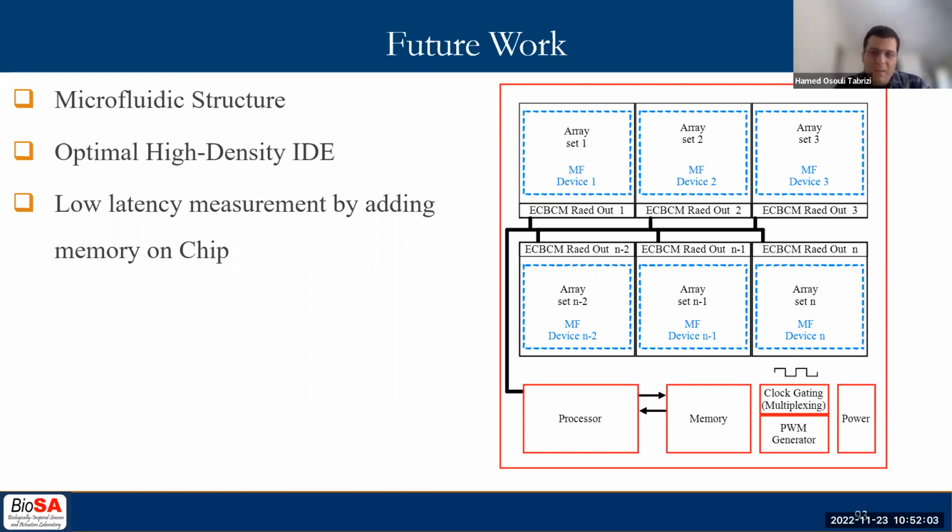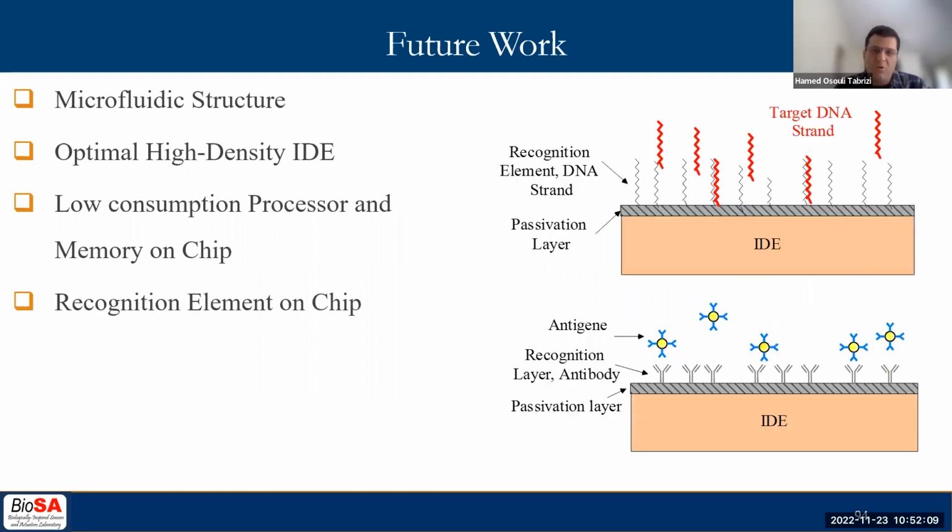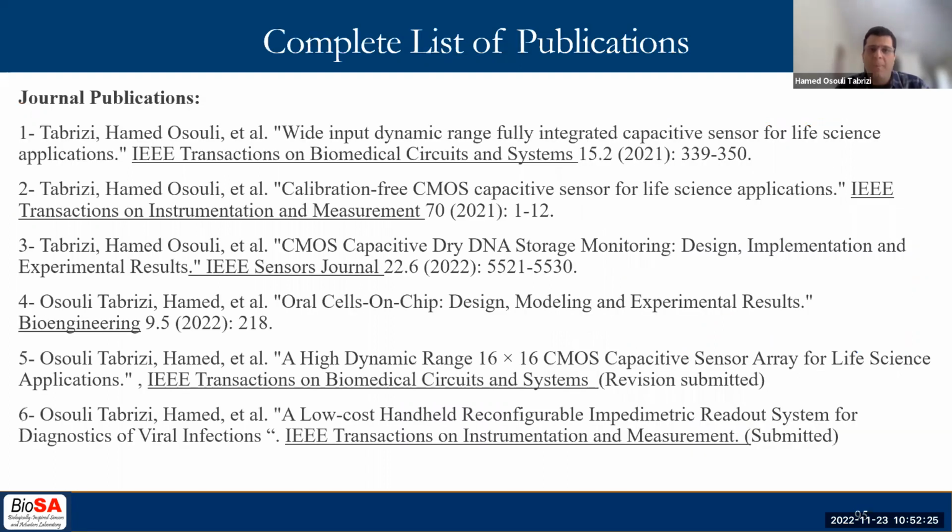This can make data acquisition and cross-platform data transmission much faster without the need for off-chip electronics. Furthermore, for some applications, including antigen antibody tests, additional recognition layer can be considered for adding selectivity to the chip for future applications using this chip.